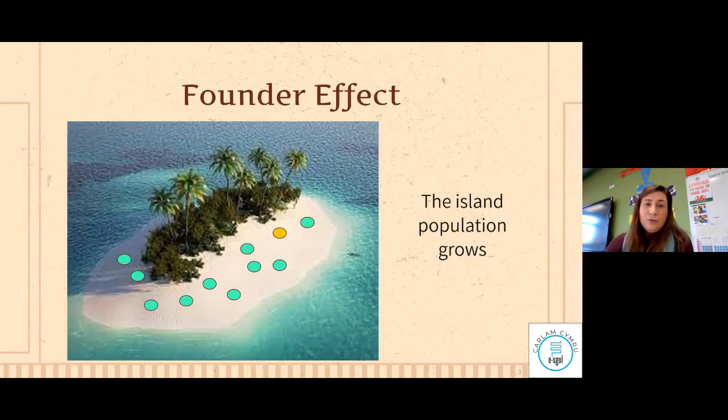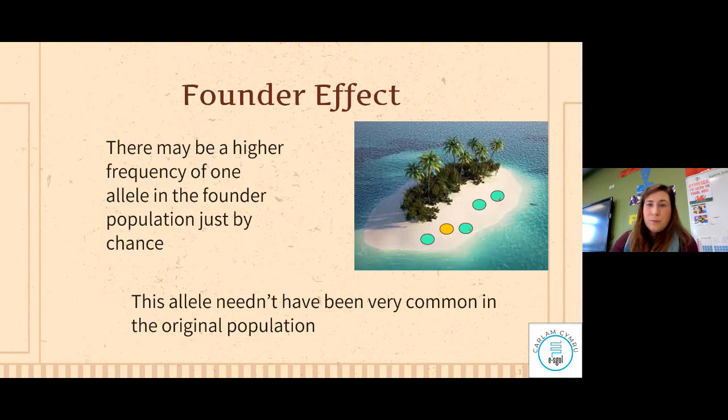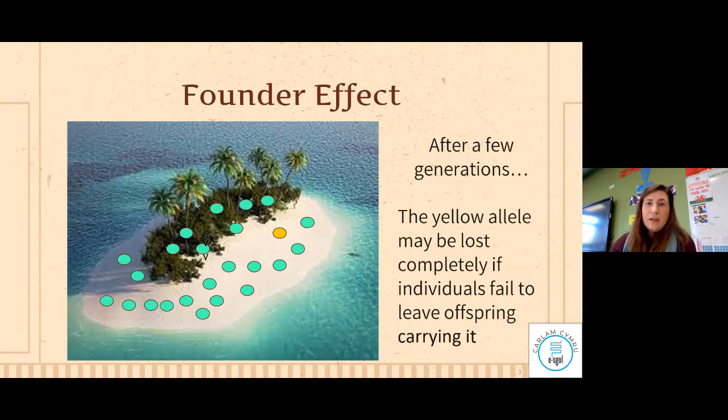The population grows, as you can see, it's grown from here to here. And after a few generations, the yellow allele here might be completely lost if individuals who have the allele don't have offspring and can't pass on the information. So that disappears.